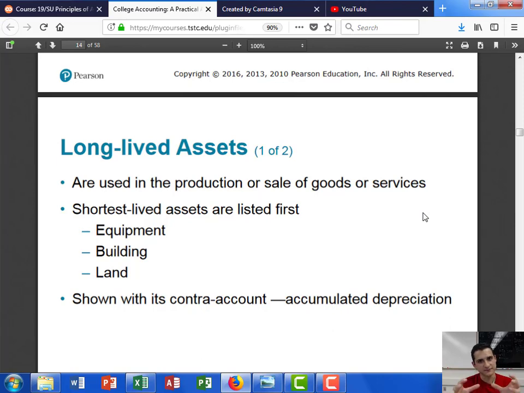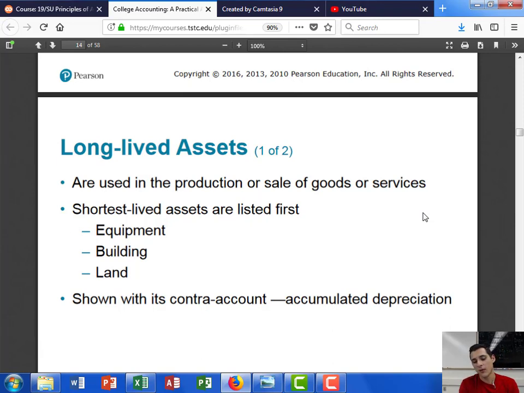That's one of your main structures to keep your business functioning. So you can't get rid of a delivery truck just like that because you either have payments with it, you don't own that vehicle all the way because maybe you're still doing payments with the dealership. So it's a long-lived asset.